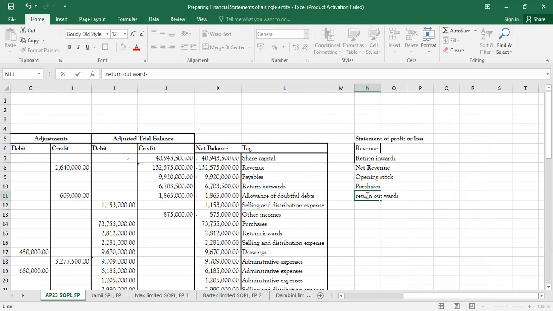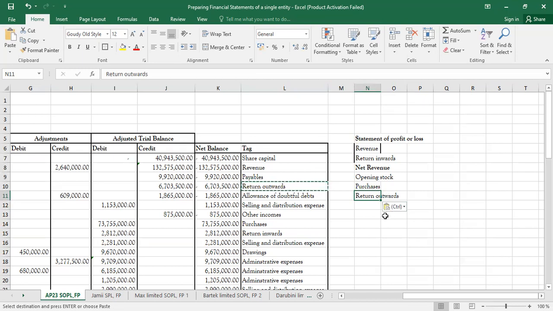Remember, this return outward normally will be lessening it, and it's advisable that you just copy as it is here. Any change in the spelling will not give the answer. So return outward reduces our purchases, but Excel will consider that already.